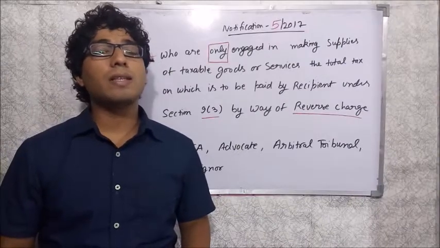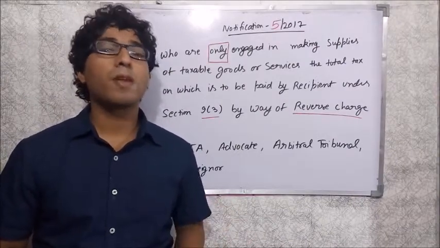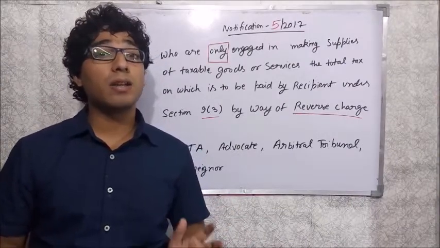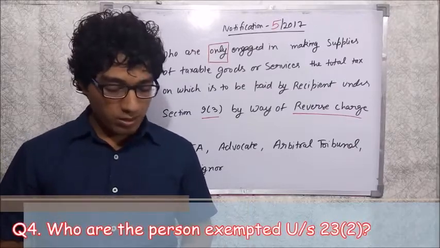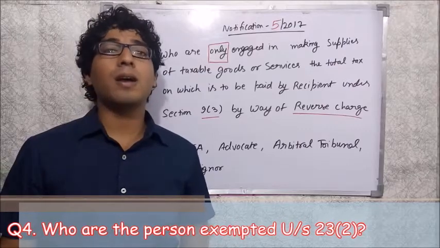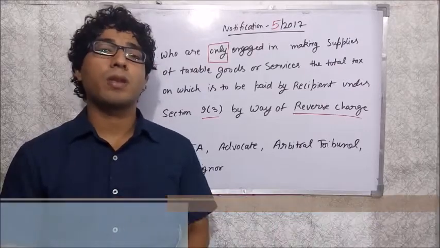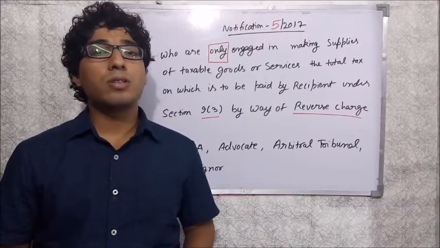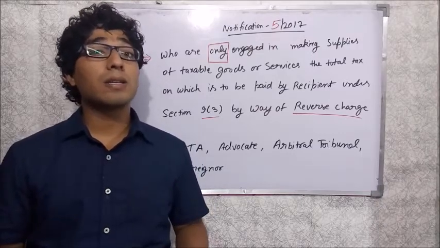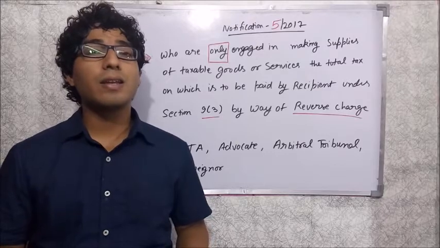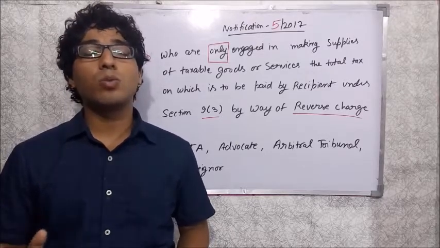The next question is regarding the category of persons who are exempted from taking registration under GST under Section 23 subsection 2. And the question is, who are the persons exempted under Section 23 subsection 2? Before answering this question, let me tell you what exactly Section 23 subsection 2 says.